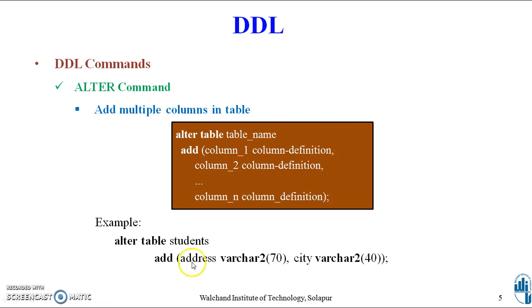So the command here is alter table student, add address varchar2(70), city varchar2(40). This command will add two columns, address as varchar2(70) field and city as varchar2(40) field to the table student.